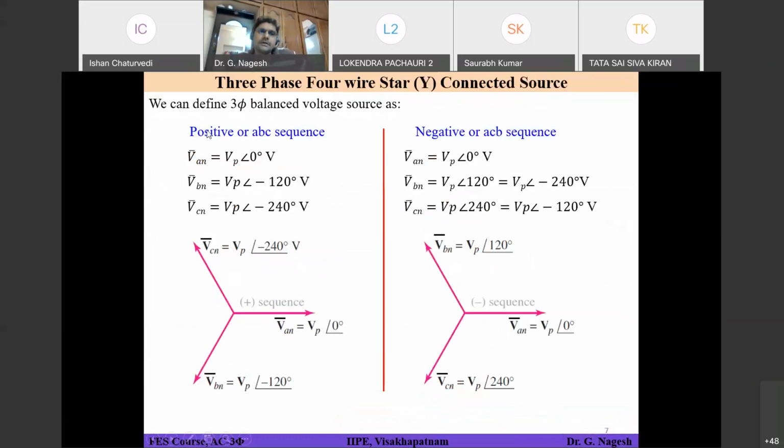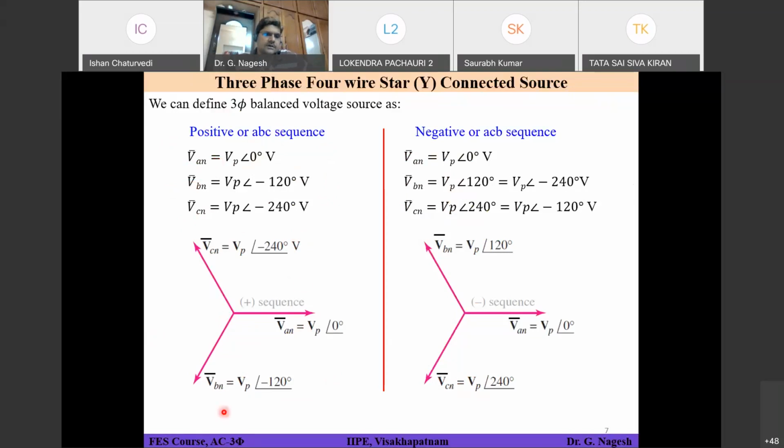So in a three-phase balanced system, if I consider one as my reference phasor, let's say VAN is equal to VP at an angle of 0 degrees, then VBN and VCN can be represented by these three sets of equations. If you draw the phasor diagram for this, it can be shown in this fashion.